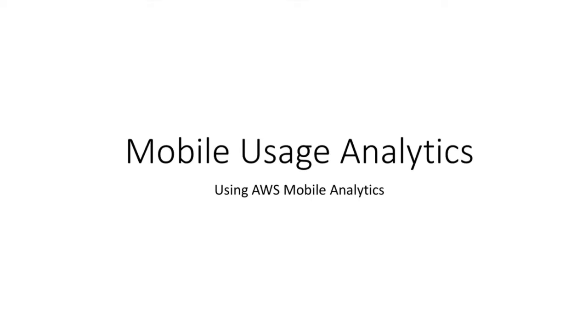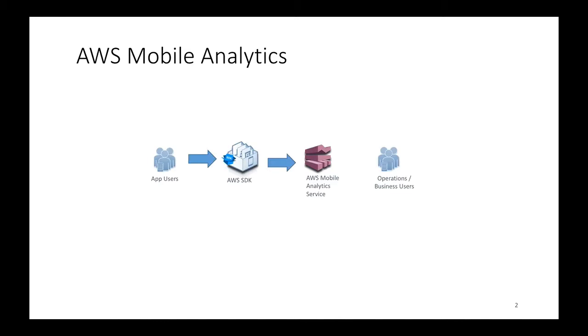Let me get started. First of all, the way Mobile Analytics is designed in AWS is basically a platform as a service, so it's a hosted solution. As of now, it's available from the US East region, and it can be used globally irrespective of which region your other services are.